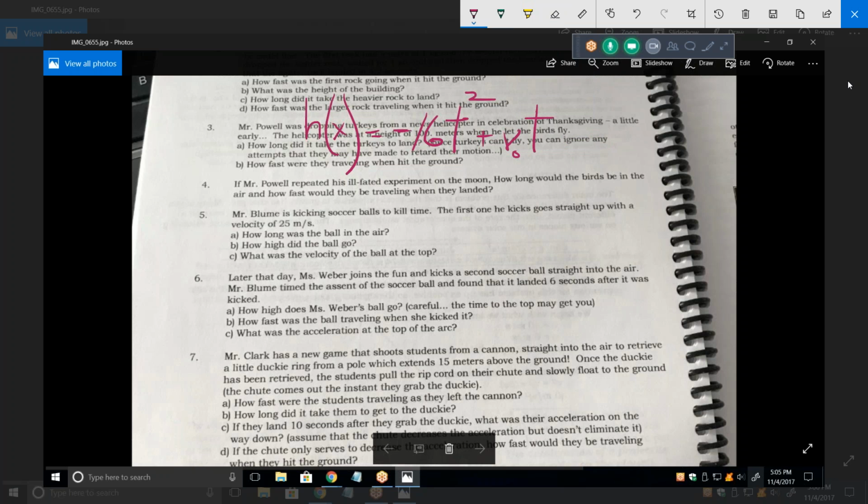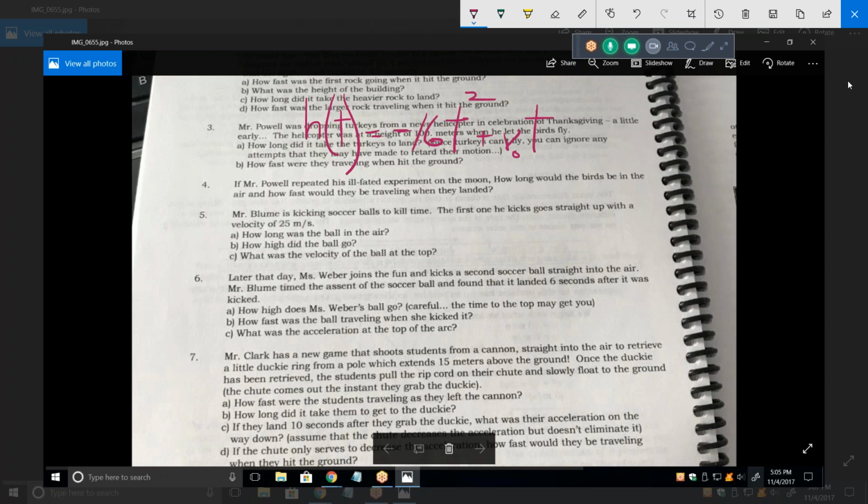V sub 0 is always the starting velocity in an upward motion. So if you wanted to figure out the height of the ball, and I've made a slight mistake here, it's not a function of x, it's a function of t. The height of the ball at any point in time is this function.